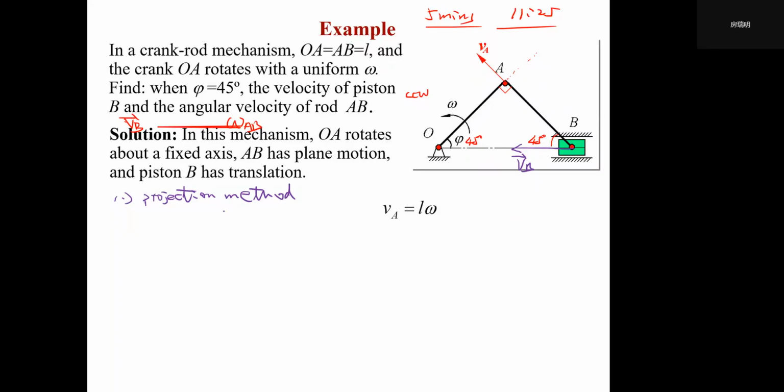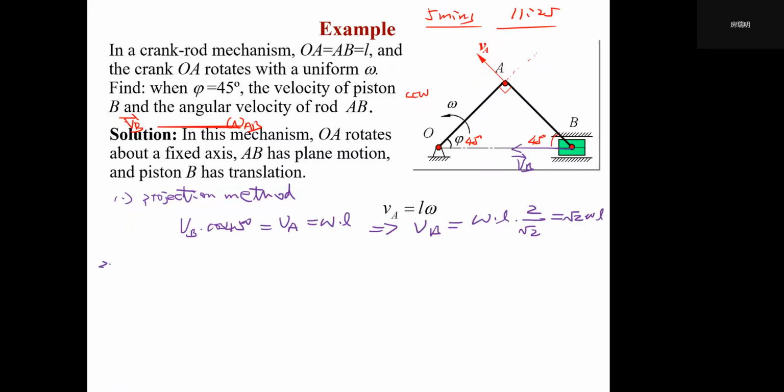From the projection method, VB times cosine 45 equals VA, and its magnitude is just omega L. So the magnitude of VB equals omega L divided by cosine 45, and the final result is square root 2 times omega L. This is the first method, and we have successfully obtained the magnitude of VB.